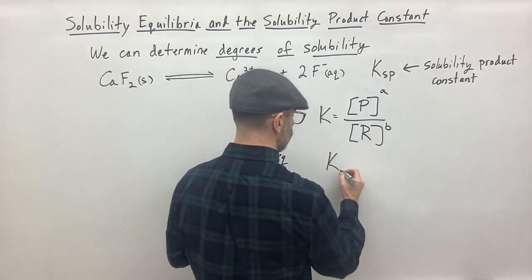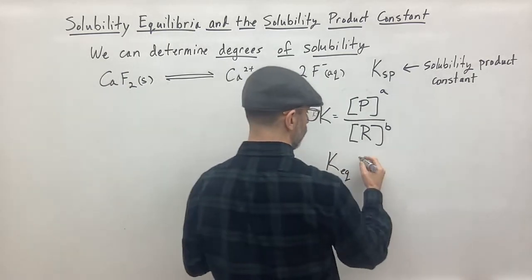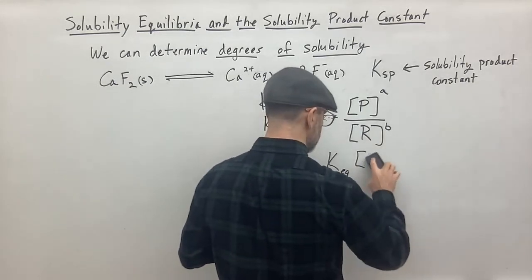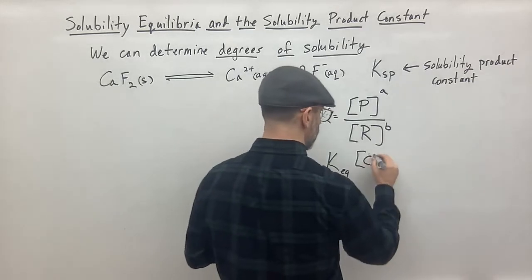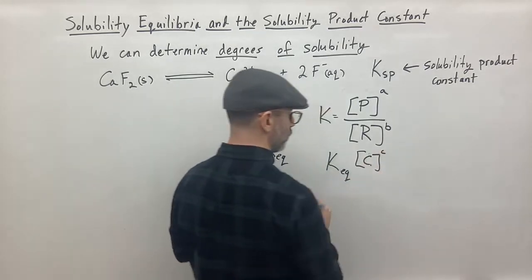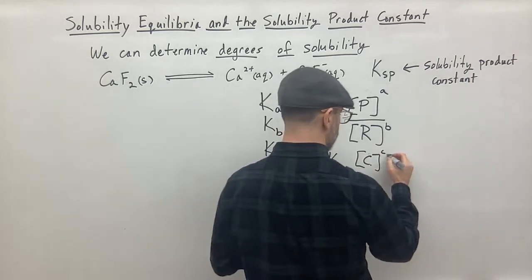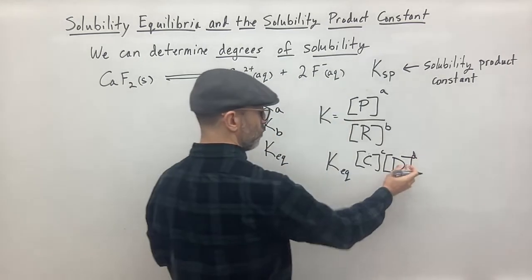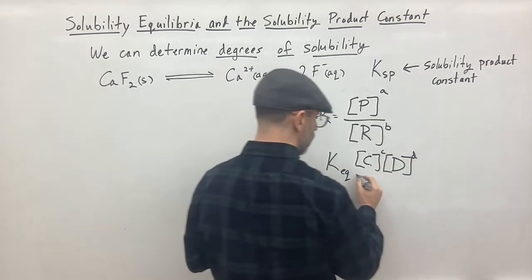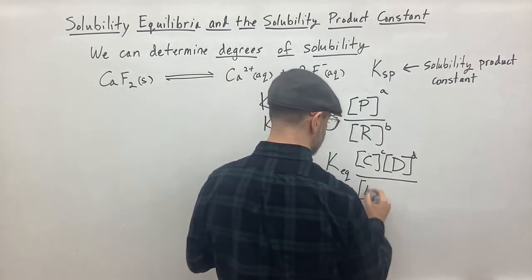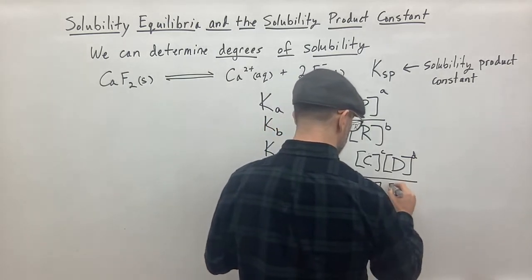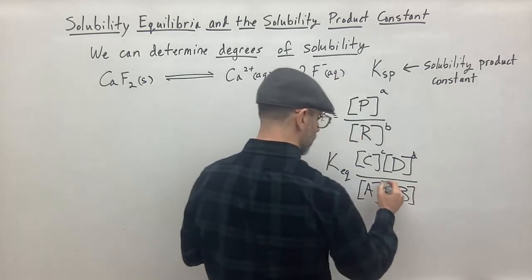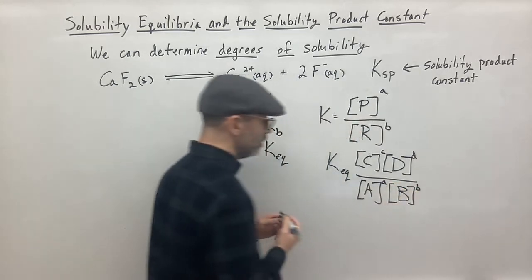So you have your Keq, and if you have a couple of products, let's call them C and D, then it's the concentration of C raised to the coefficient for that product, and D raised to the power of the coefficient for that product. And if you have a couple of reactants, let's call them A and B, then it would be the multiplication of those reactants, raised to their coefficients.